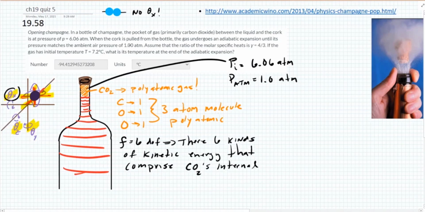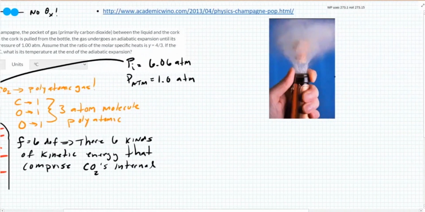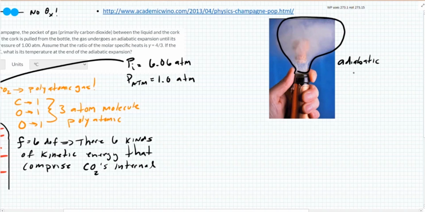Okay, when the cork is pulled from the bottle, the gas undergoes an adiabatic expansion. You see that right here. The cork is popped. You remove the cork, and all of a sudden, very quickly, you get this volume of gas produced. So this is what happens via adiabatic expansion. Adiabatic means no heat flows into or out of the system.